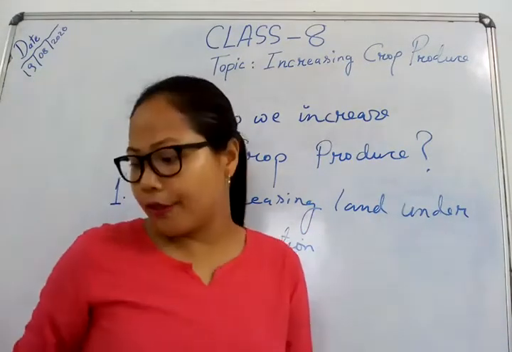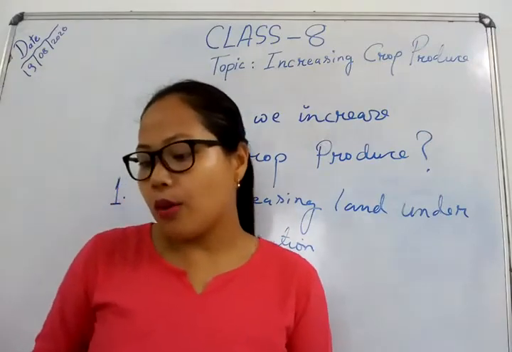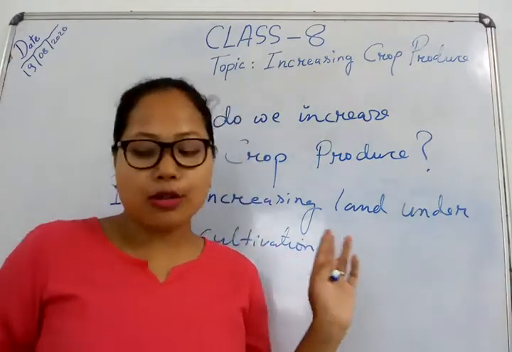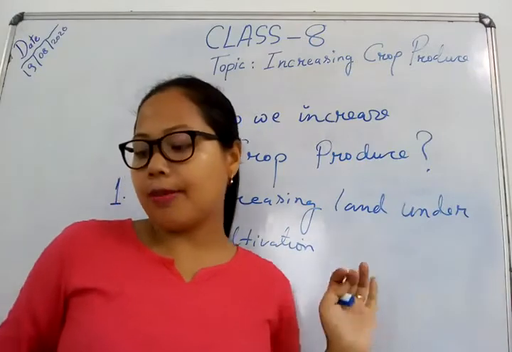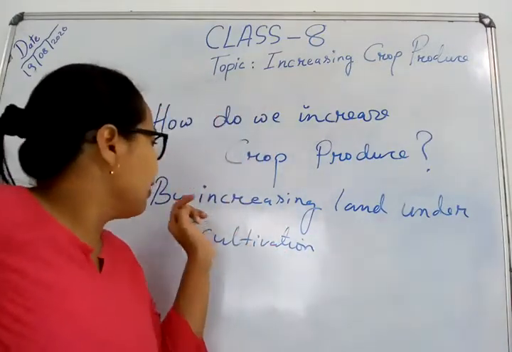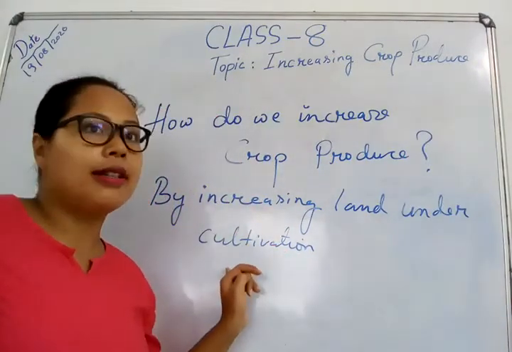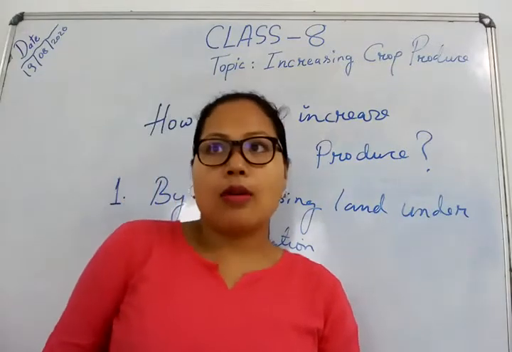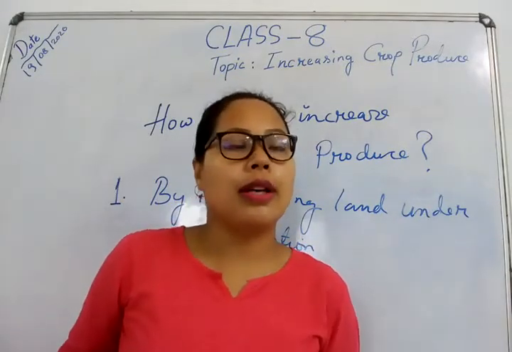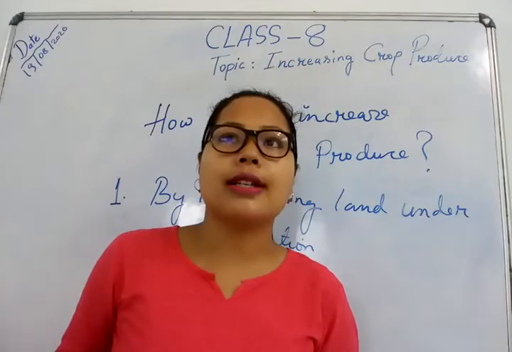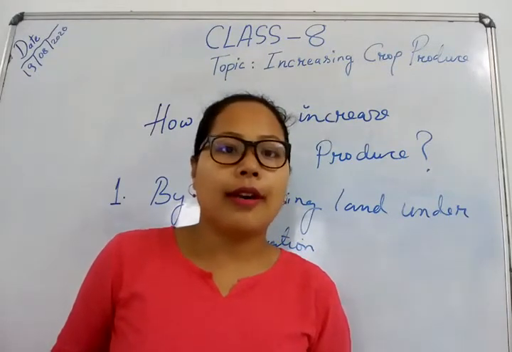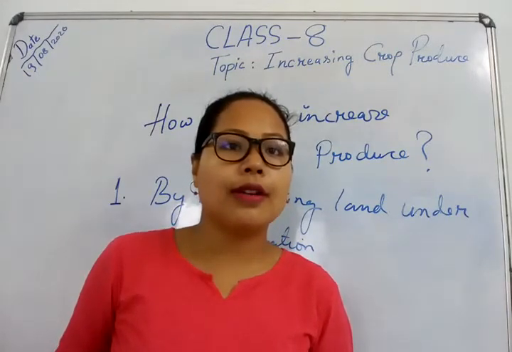So the first way to increase crop produce is by increasing the land, by increasing the land under cultivation. Now just think, is it possible to increase the land every year?